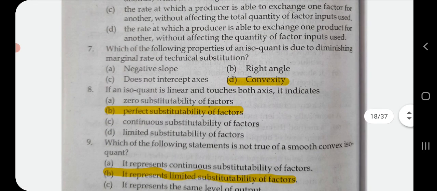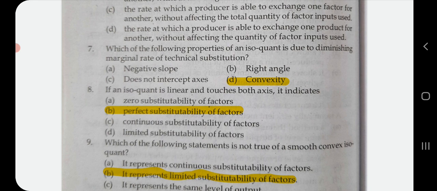Seventh question, which of the following properties of isoquant is due to diminishing marginal rate of technical substitution? And the answer is D, convexity. It means because of the marginal rate of technical substitution diminishing, the isoquant curve slopes downwards from left to right side, and it is convex. It shows the convexity.